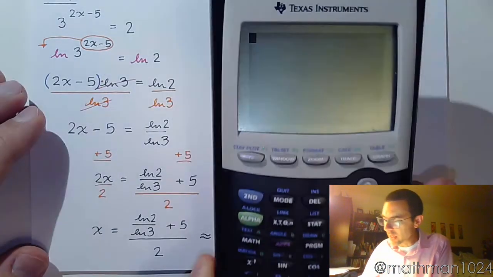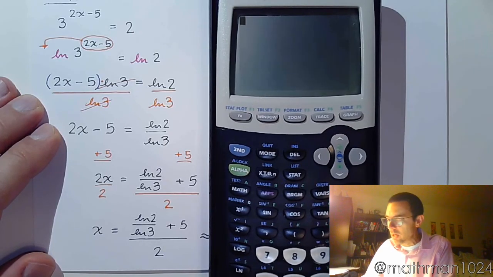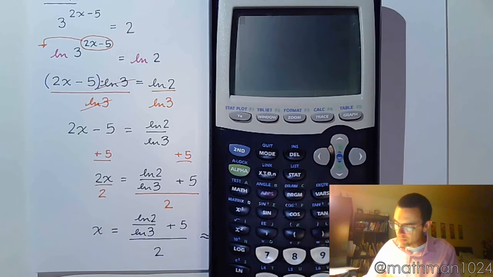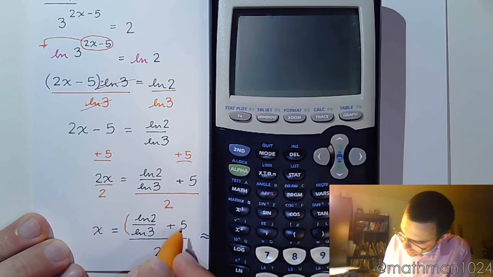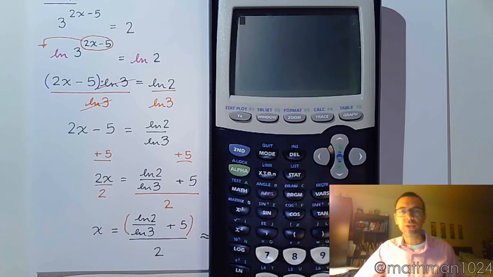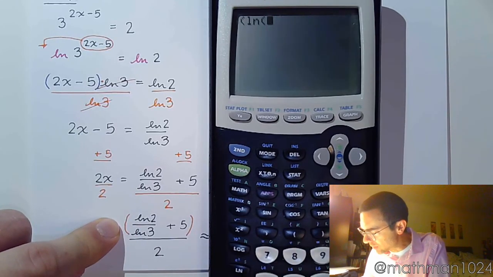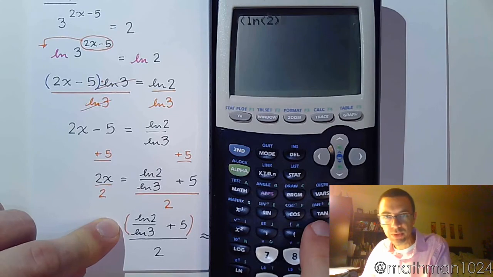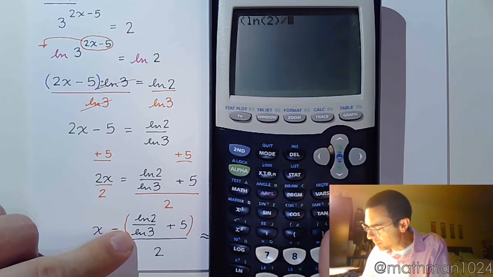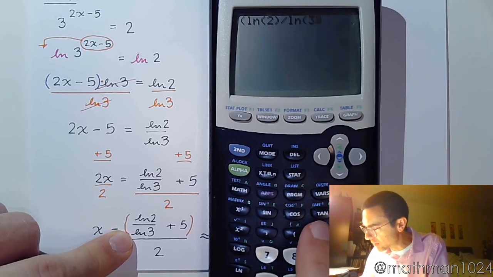All right, so we've got to be very careful about how we type this in. Now, everything up here is in the numerator. So you're going to have to be very careful about your use of parentheses. So let's open up a set of parentheses for this guy. I'm doing the natural log of 2, close off the parentheses for the natural log, divided by the natural log of 3, close off those parentheses.